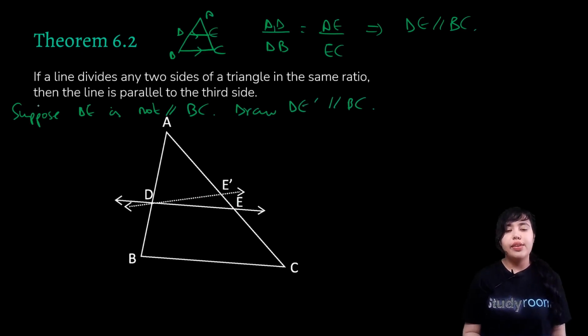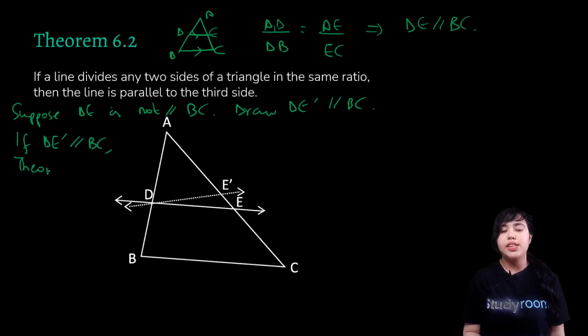So we are assuming that this is not parallel to BC but DE dash is parallel to BC. So now if your DE dash is parallel to BC, you can make use of your theorem 6.1, the basic proportionality theorem, and say that if DE dash is parallel to BC, then the other 2 sides would be divided in the same ratio.